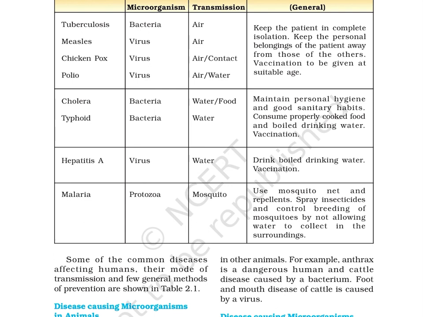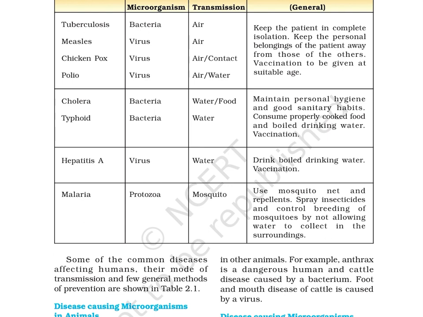Preventive measures general for both diseases. Maintain personal hygiene and good sanitary habits. Consume properly cooked food and boiled drinking water. Vaccination. Human disease, hepatitis A, causative microorganism, virus. Mode of transmission, water.